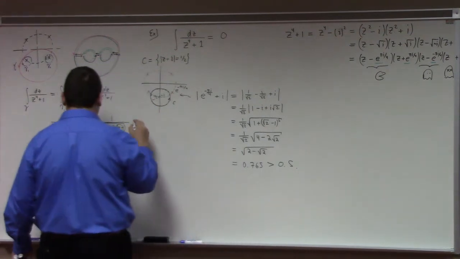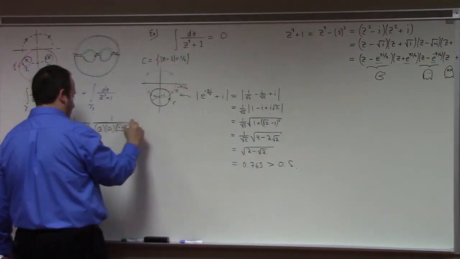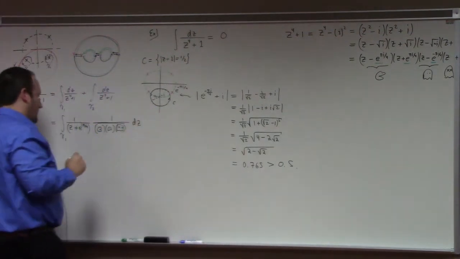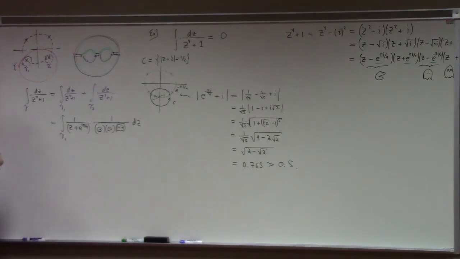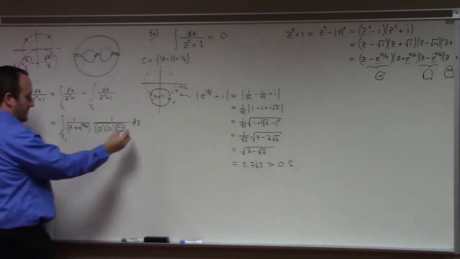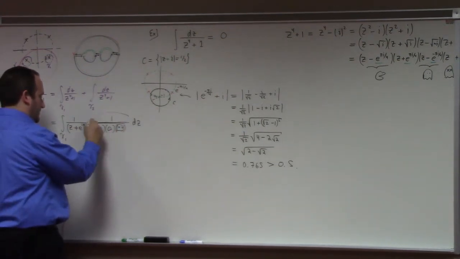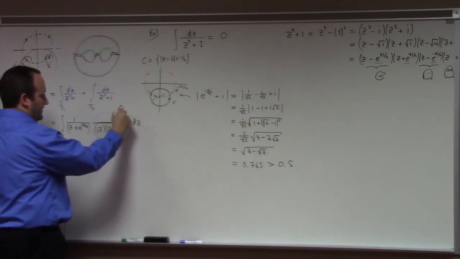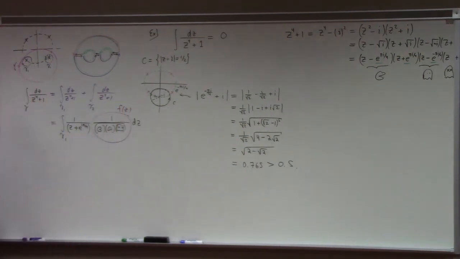Why not the plus? Because this is the one that's 0 inside gamma 1. And so I want to use Cauchy's integral formula, right? And I'm identifying this as being the holomorphic piece. So this is my f of z to use.